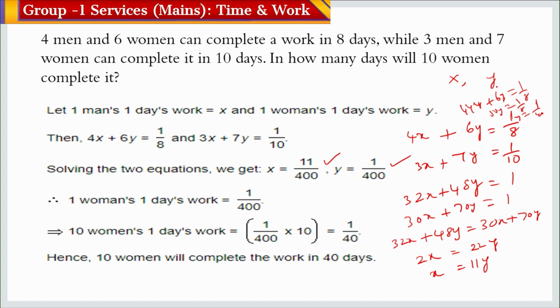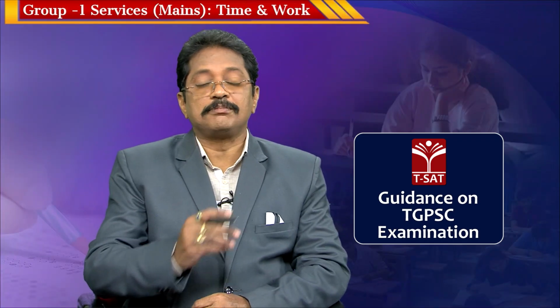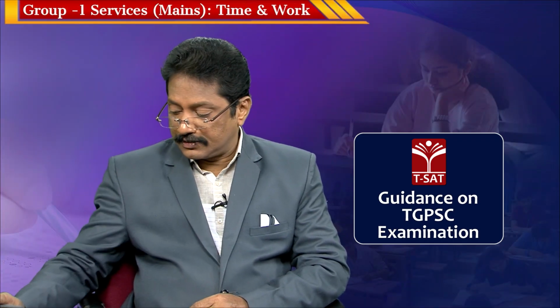The work done by a woman in 1 day is 1/400, and 10 women can do 10 into 1/400, that is 1/40 of the work in 1 day. The reciprocal of 1/40 is 40, so 10 women can complete the work in 40 days. Clear?